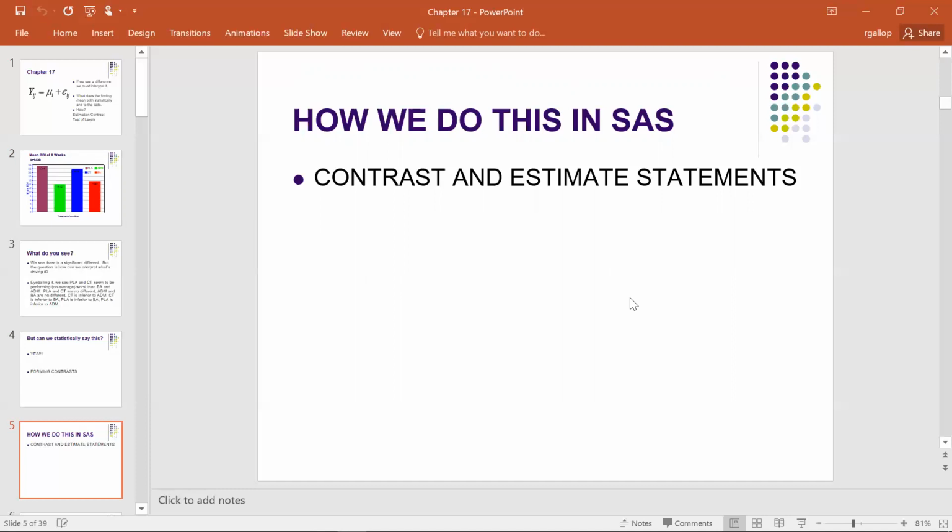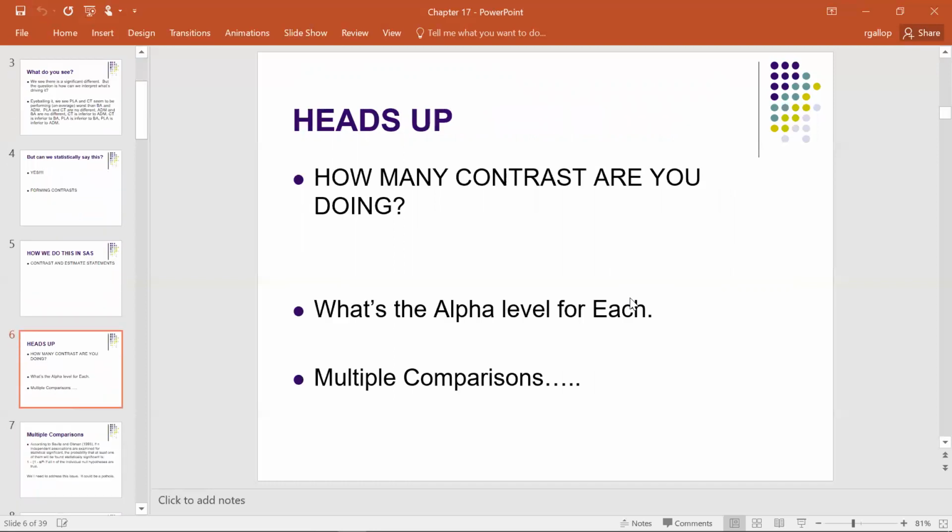And again, the R syntax runs a lot similar to SAS, the Stata syntax as well. SPSS runs similar, but they use this thing called a test statement. Again, we're going to expose it in SAS. If you want to see the R, the Stata, the SPSS, a quick Google or YouTube search of contrast estimate will give you a lot of examples of the basic formations.